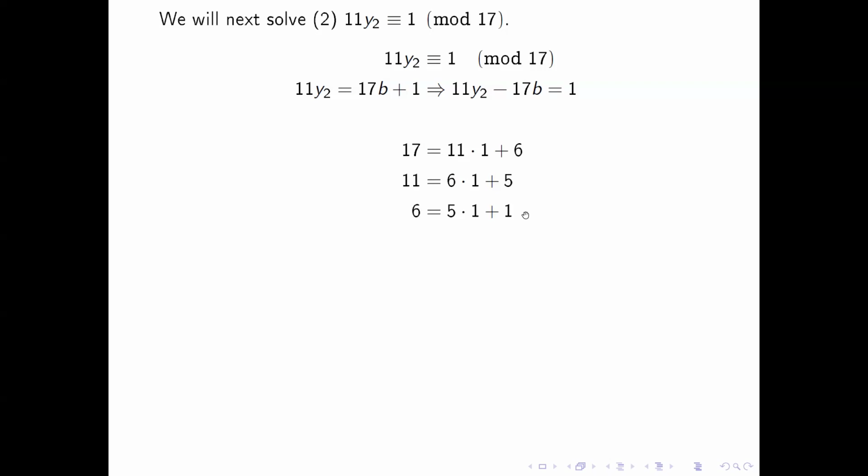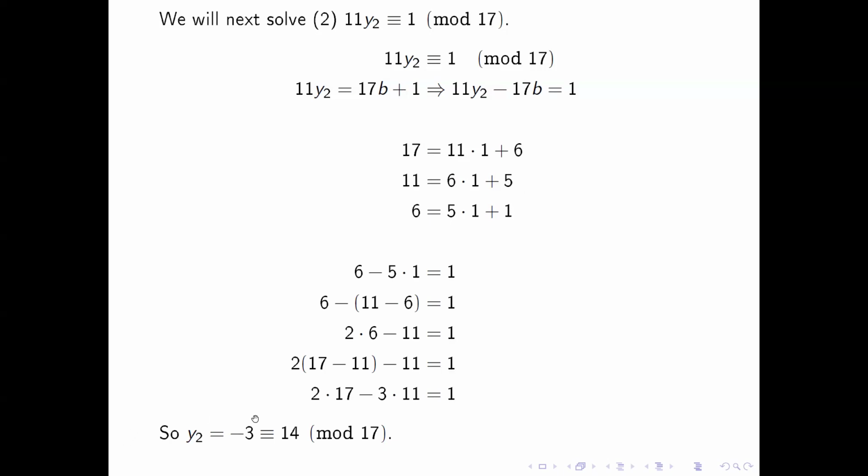Remainder of 1, we're done because we never can get smaller than 1. So because of this, we can now flip everything, work our way back out, and it turns out that it's -3 times 11, but -3 is congruent to 14. So y2 is 14. Okay, so we've now found y1, which is 2, and y2, which is 14.